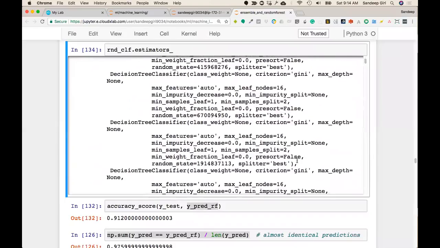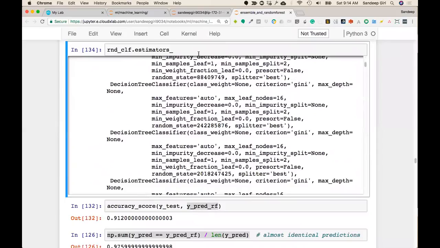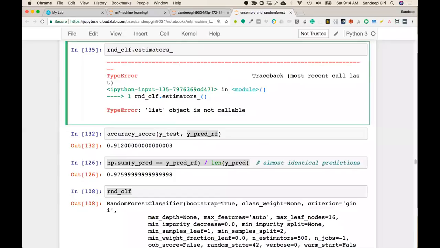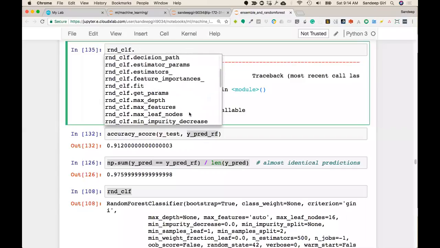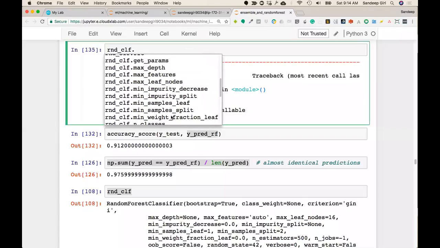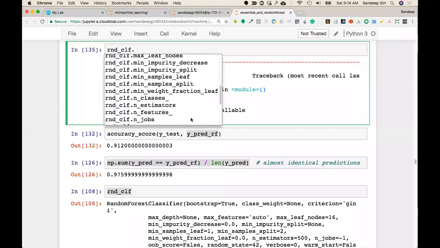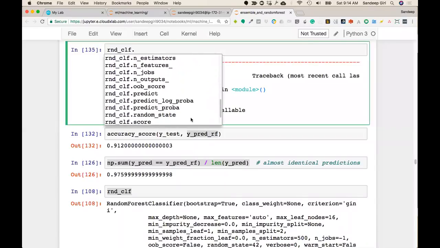You can see that some random state is being passed. So that's how you can take a look at each of the estimators, and feature importances. What else? The question was, can we see the predictions of each one?